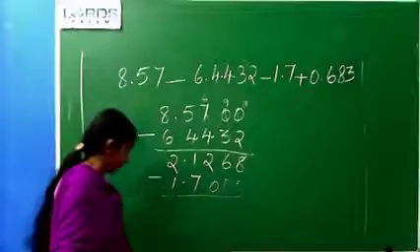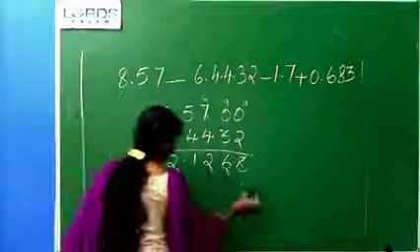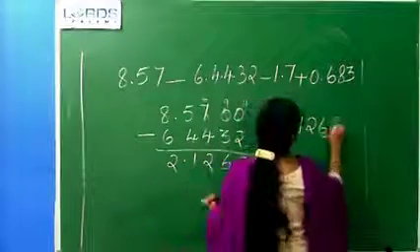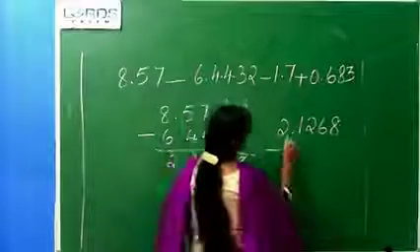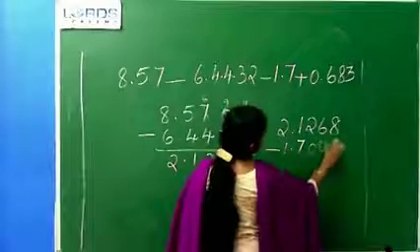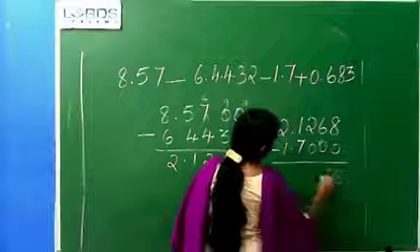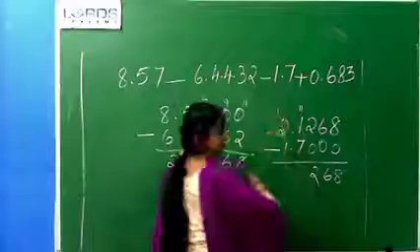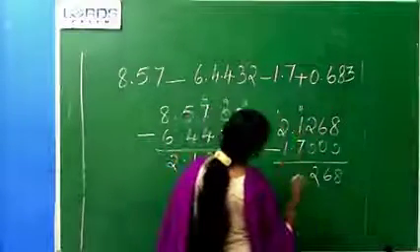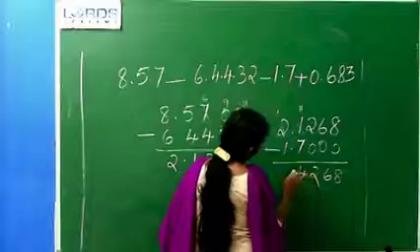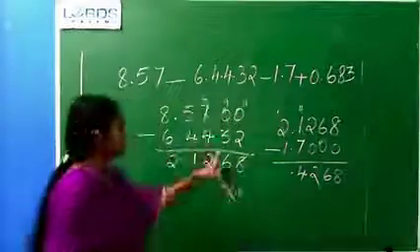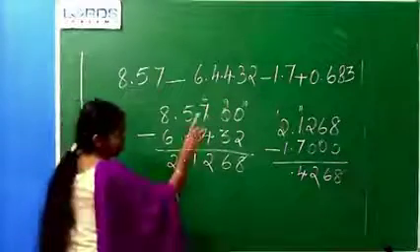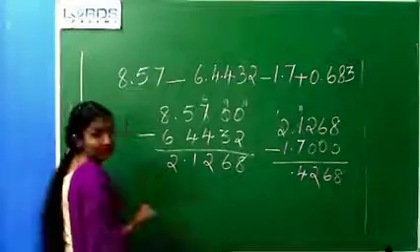Or if it is confusing, you can do one thing. Just rewrite this in this side. I think this will be easy for you. 1.7. 8, 6, 2. This became 11 and this becomes 1. 7 to become 11, 4. 0.4268. It should be added with 0.683.